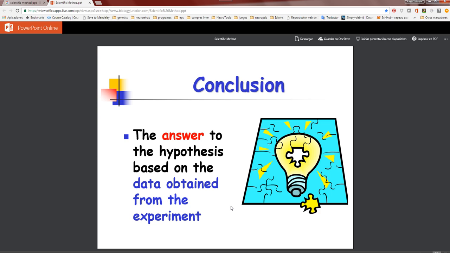Based on the data, you may accept your hypothesis or you can reject your hypothesis and retest. If the data doesn't support your first hypothesis, then you retest or you change the hypothesis for another one, and you once again are going to fulfill the complete steps.